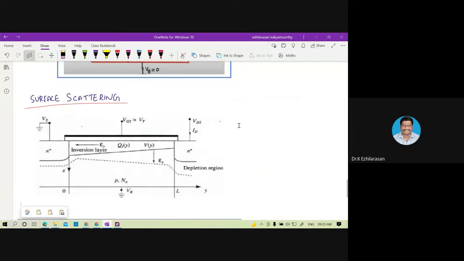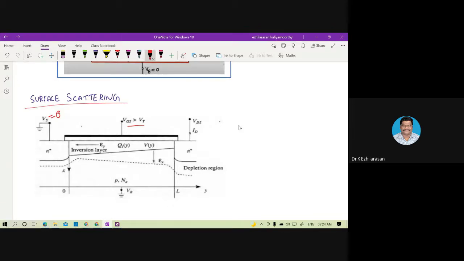See here. This will be your MOSFET. So Vs is equal to 0. Then your VGS is greater than the threshold, because as you know, we get these problems during the saturation region only.